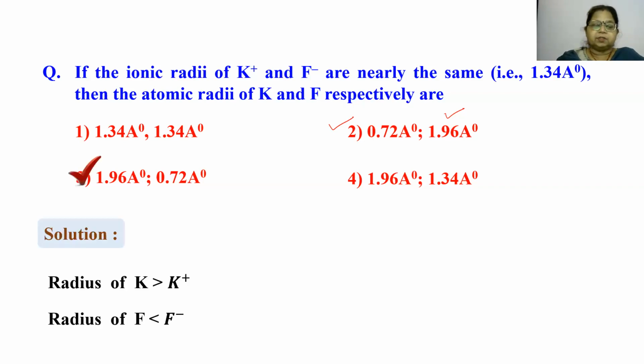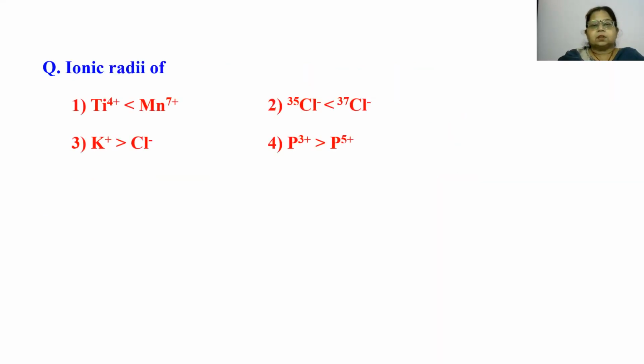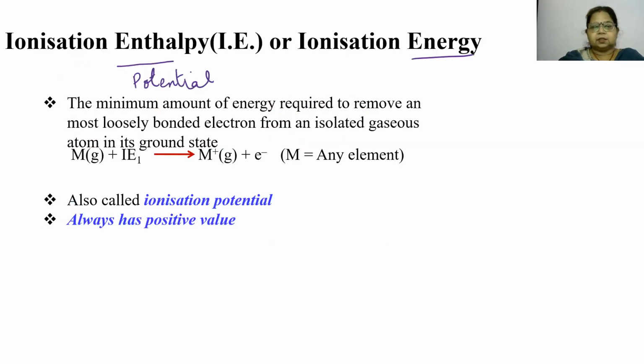You can be given tricky ones like this, right? I think the answer marked here is incorrect. It has to be option number 2. Or just think logically. Yeah, I think the option is marked incorrect. K+ should be smaller, so the answer marked here is incorrect. We will take this question in the next class.